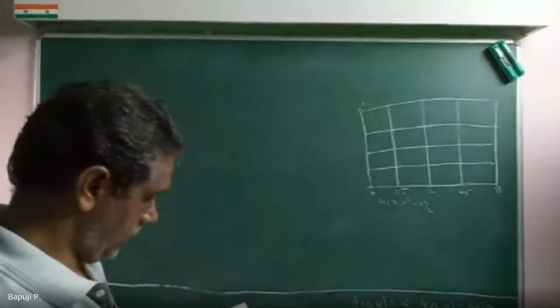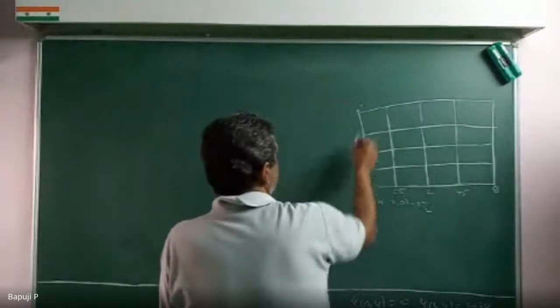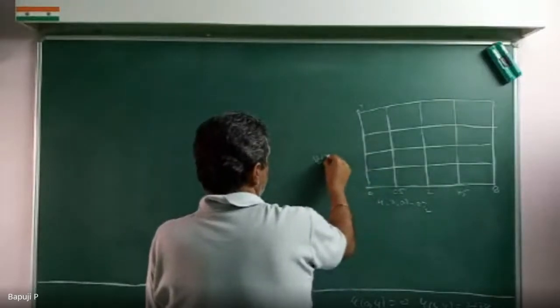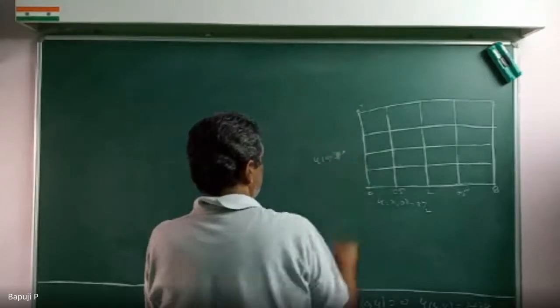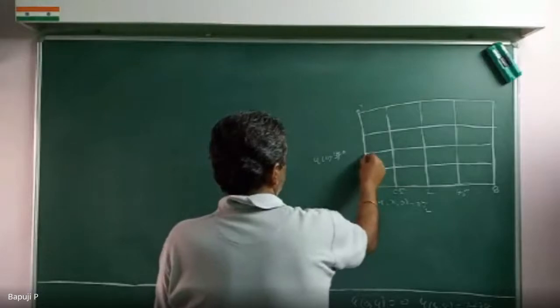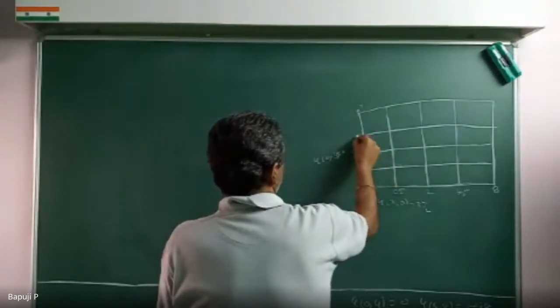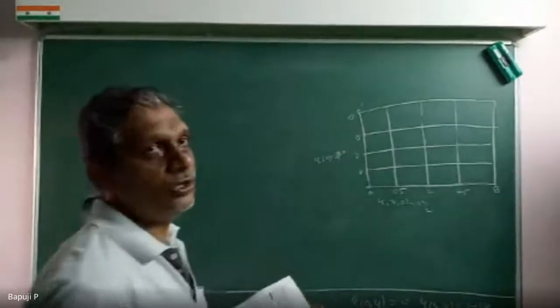Now on the y-axis, x is equal to 0, so the solution u of 0, y is equal to 0. So all values are 0, 0, 0, 0, 0. So you should know the boundary conditions, otherwise you can't proceed.